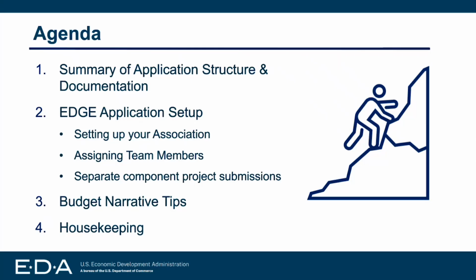We're going to talk about how to set up your application, have a few budget narrative tips, and tell you about a couple more FAQs that we've updated on our website. Then we'll have some housekeeping notes. If you have questions, feel free to put them in the chat, and I think Amanda will pause a couple times throughout the presentation to open the floor for questions.